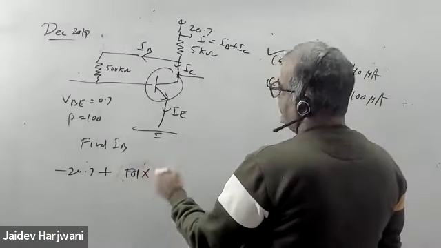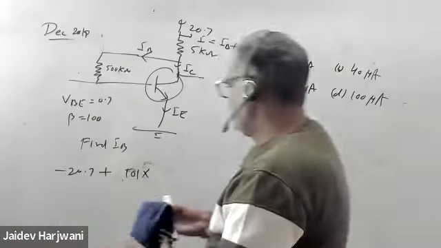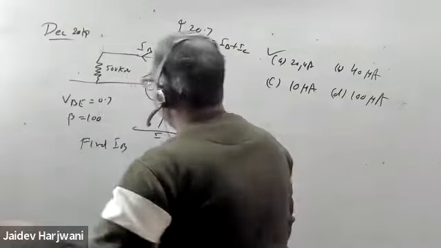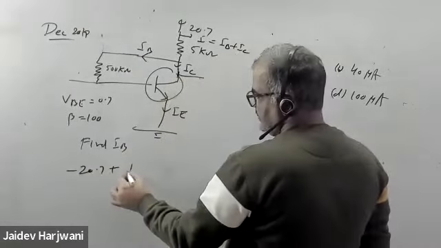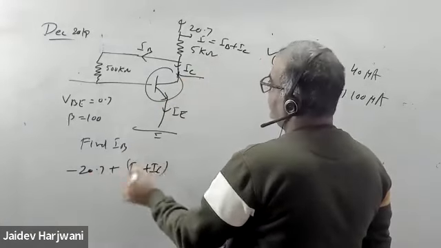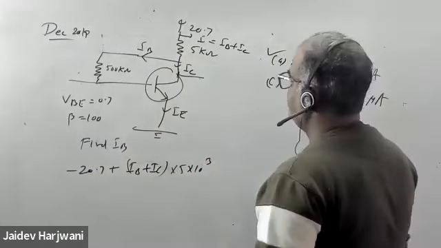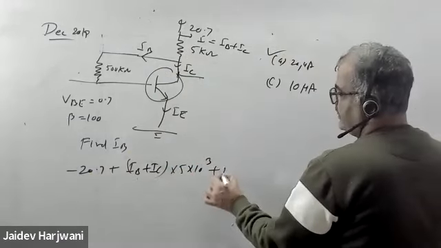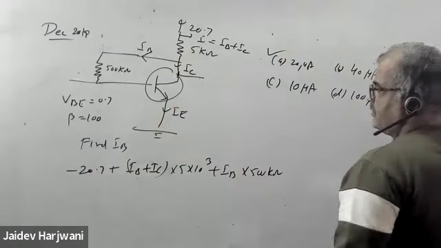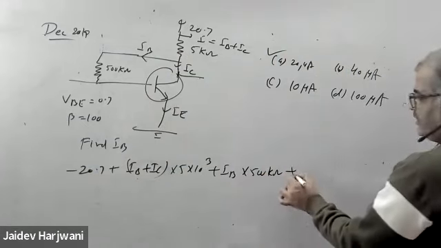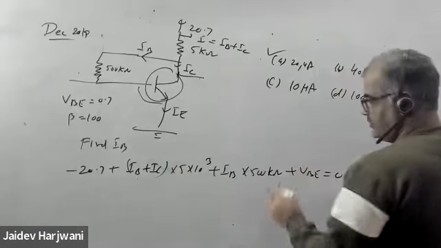Are you writing what I'm doing, or should I write everything? Okay, let me write. So minus 20.7, then you have IB plus IC into 5 kilo ohm, and then IB into 500 kilo ohm, and then VB 0.7 here, and this is 0.